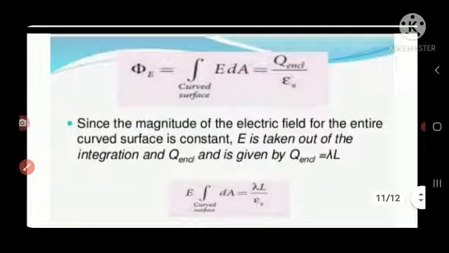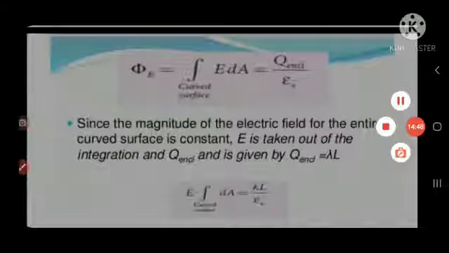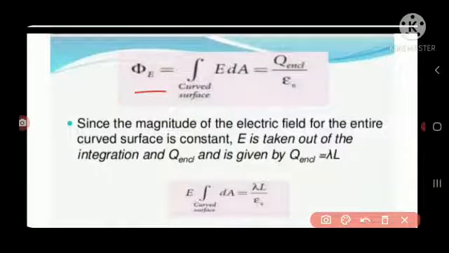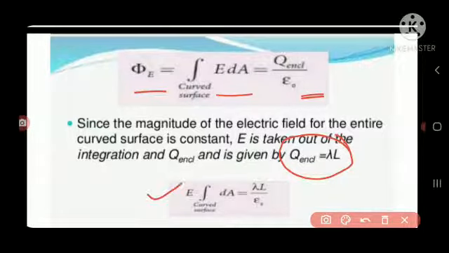Now, according to Gauss theorem, phi E is equal to the integral of E dot dA, that is Q enclosed by epsilon naught. You already know that Q is equal to lambda L, where lambda stands for linear charge density. The equation will be like this: E integral of dA equals lambda L by epsilon naught.